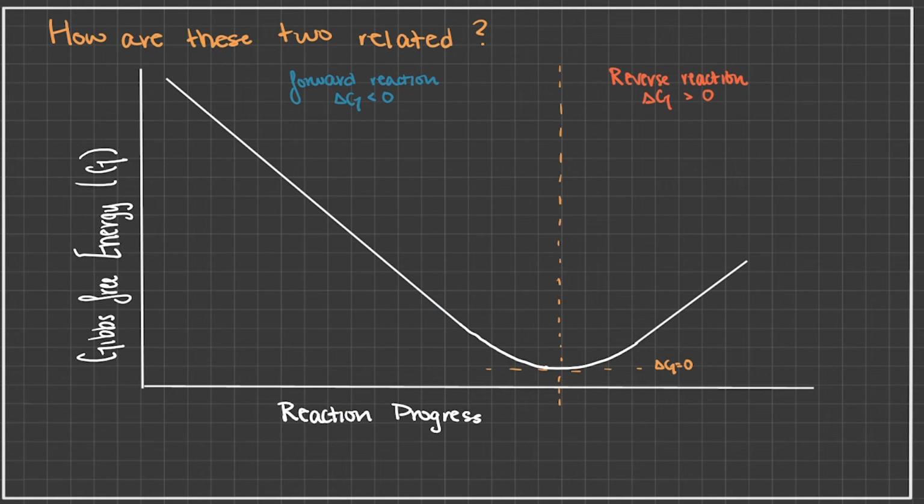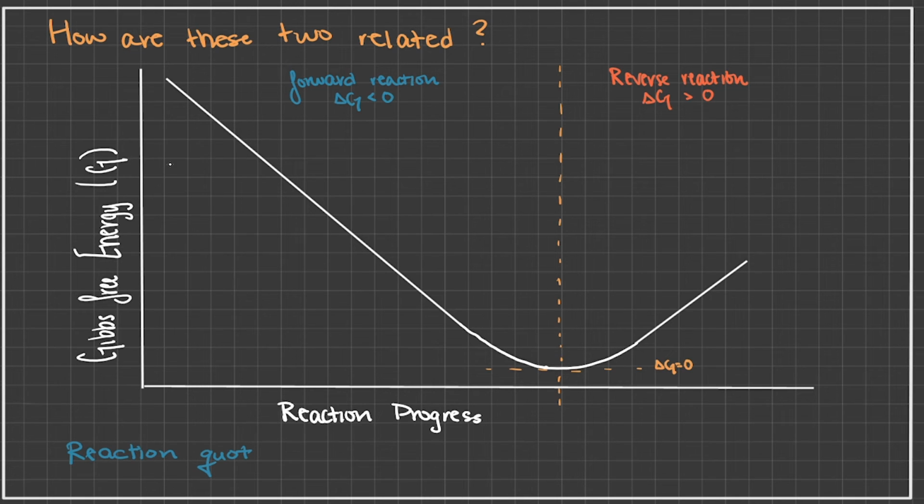Now, how are these two related? Why should you know the relation between these two? Below you're going to see a graph, where the vertical y-axis is Gibbs free energy, and our x-axis is the reaction progress.